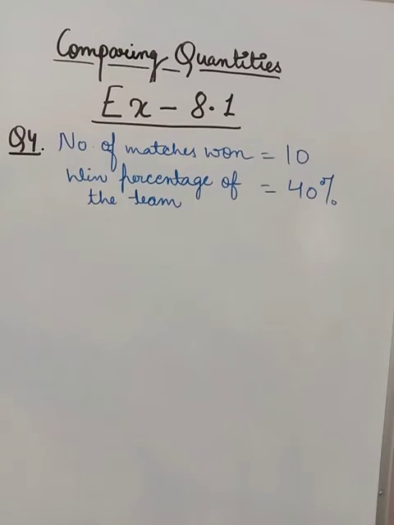In the fourth question, it is given that a particular team has won 10 matches so far and their win percentage is 40%. Now we have to calculate the number of total matches played by them.